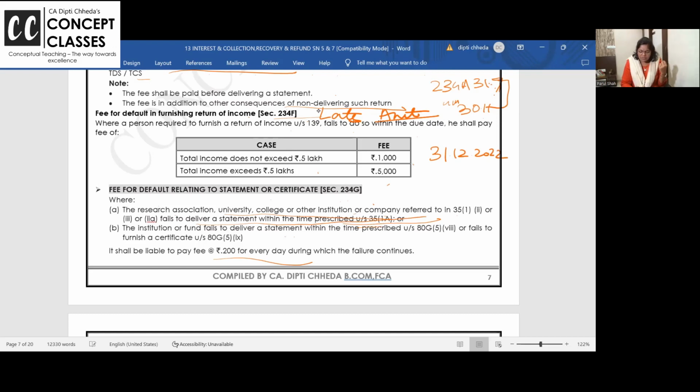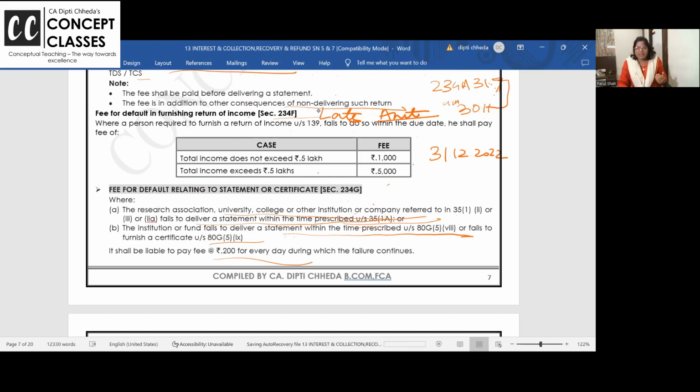Where the institute or fund delivers the statement, within 80G. You know, when you go to a gaushala, mosque, temple, it is written that please ensure you get the receipt which is eligible. Whatever donation you give, take the receipt and it will make you eligible for 80G deduction, qualifying amount and 50% and all.